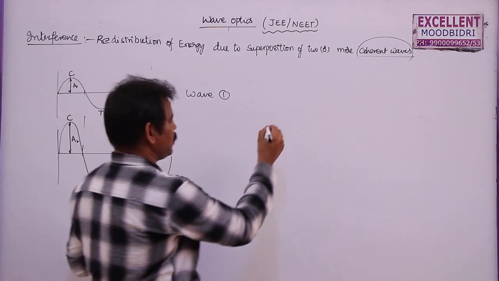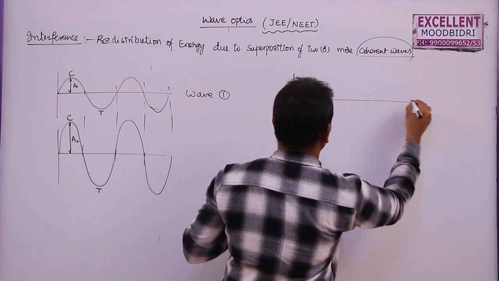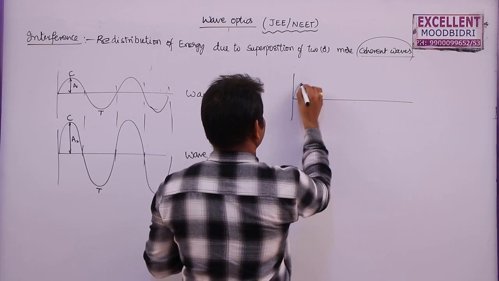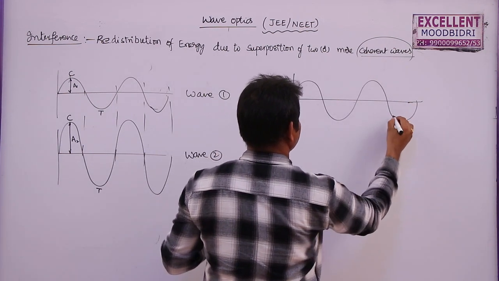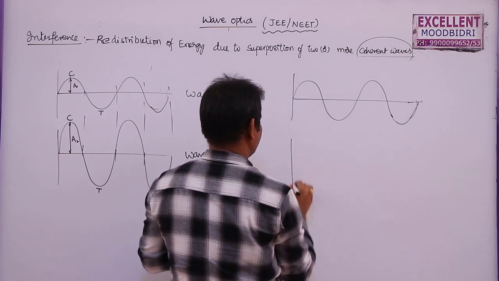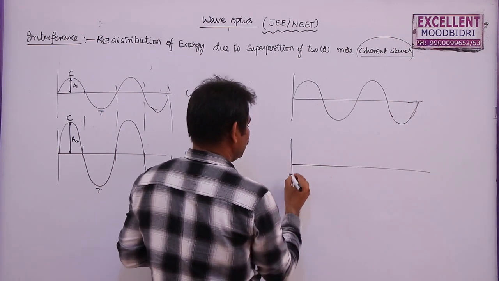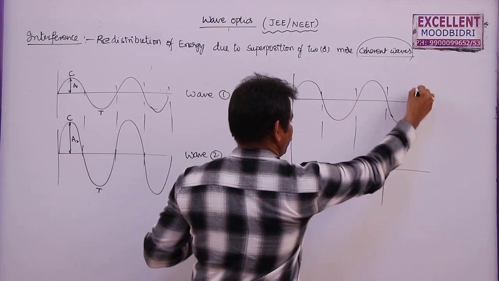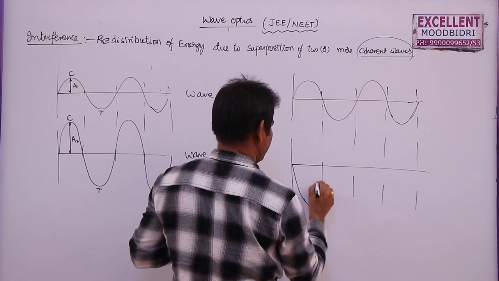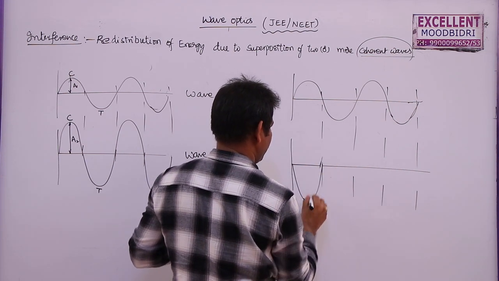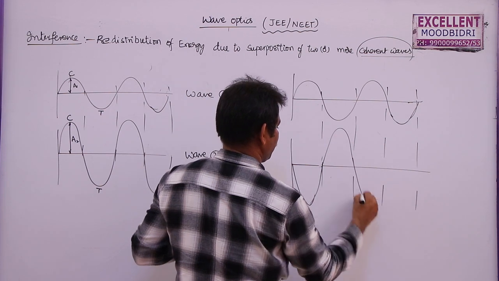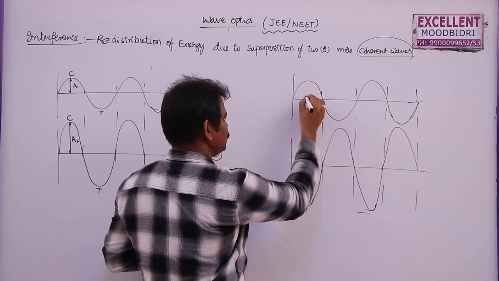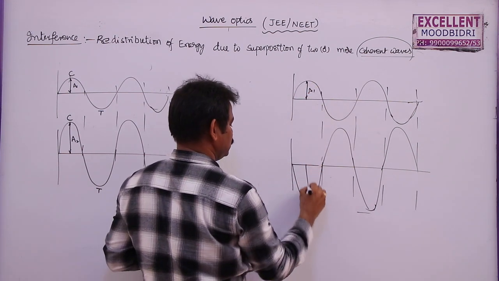Similarly, if you take another case here, this is wave 1, this is wave 2. In the first wave, the wave is given like this. In the second one, the wave is given like this. So this is A1 here, this is A2 here.